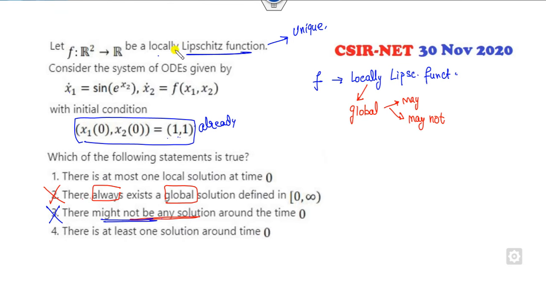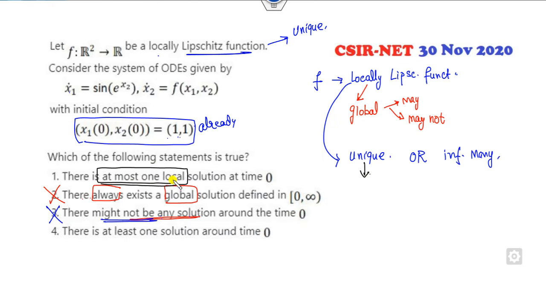Now he said a locally Lipschitz condition. What does it mean? Either it has a unique solution or it has infinitely many solutions, because no solution is not possible. So when it is a unique solution, there is at most one local solution. Fine, at most one local solution means a unique solution. So that's possible.